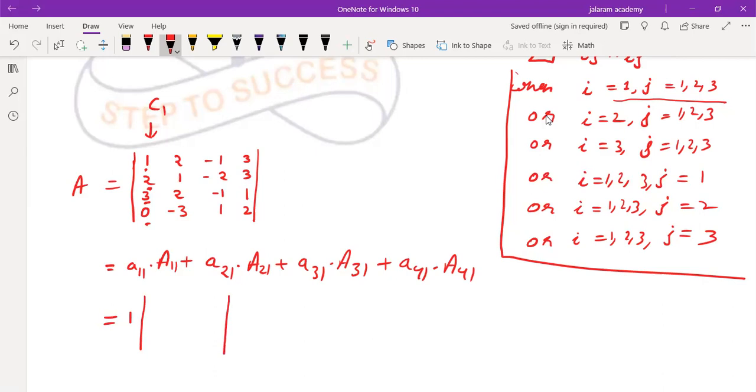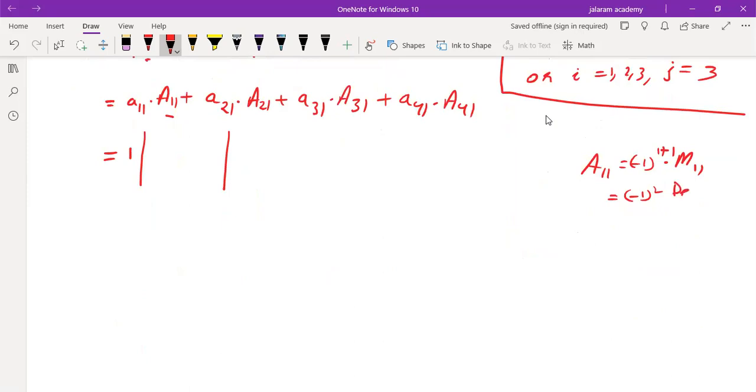And one more thing, whenever there is a cofactor, we have to multiply with minus 1 to the power i plus j, as we have studied last time. So minus 1 to the power 1 plus 1, which is minus 1 whole square, which is positive, into M11, the determinant obtained by deleting the first row and first column.